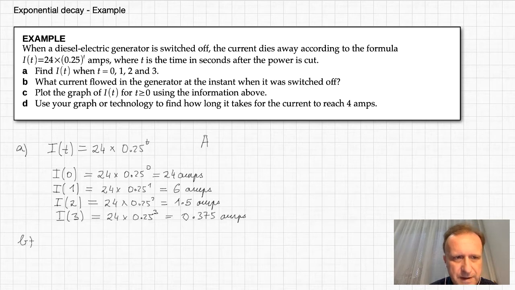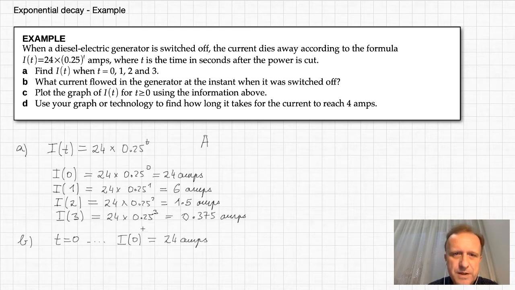In part B, what current flowed in the generator at the instant when it was switched off? Well, when it was switched off, the time was 0, so for t equals 0, I should get I of 0, which is 24 amps.